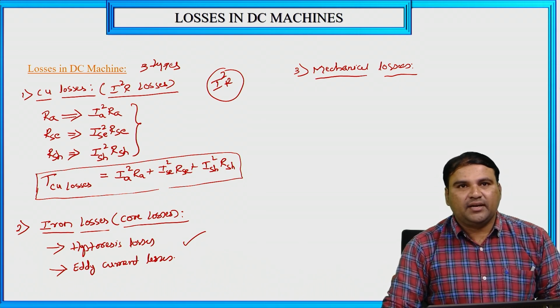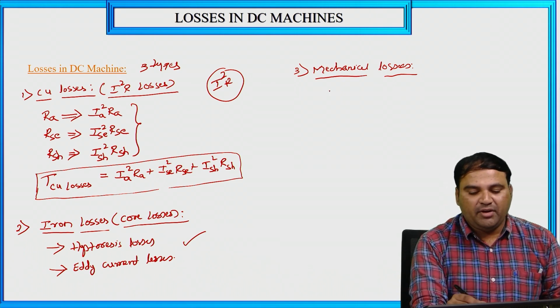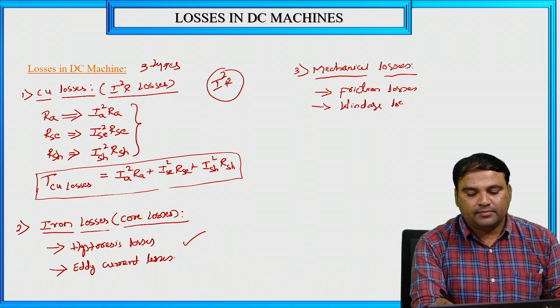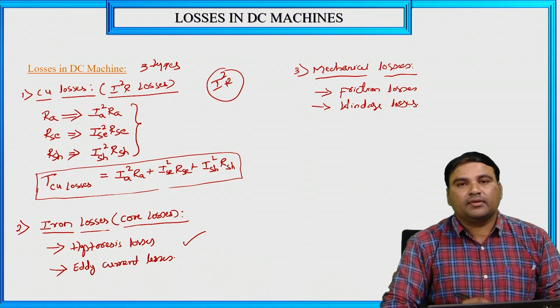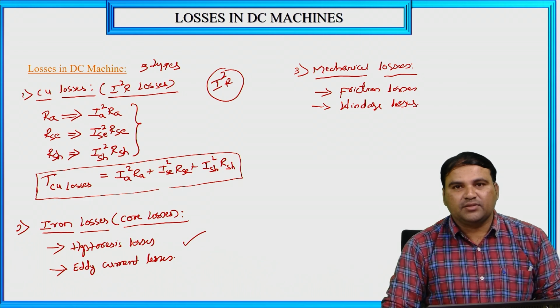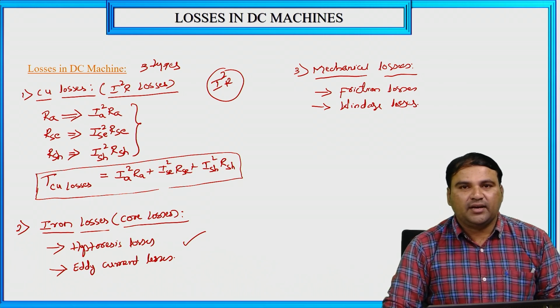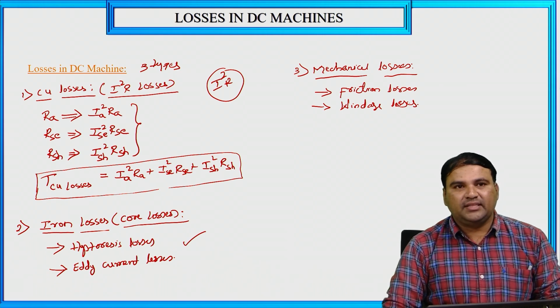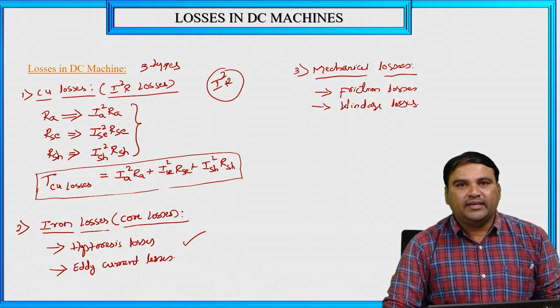These mechanical losses include friction losses and windage losses. So mechanical losses are nothing but the losses which occur at the shaft of the DC machine, having friction losses and windage losses. These are the three different types of losses in a DC machine.